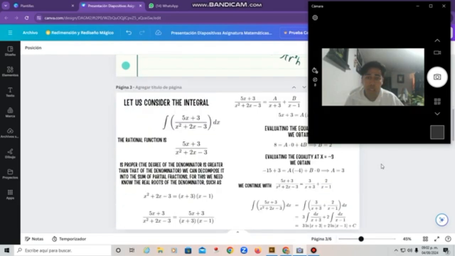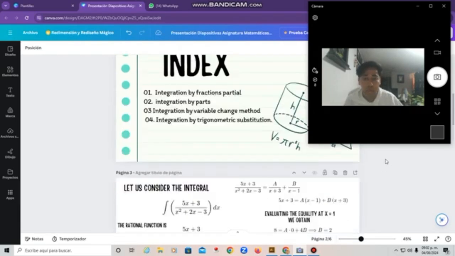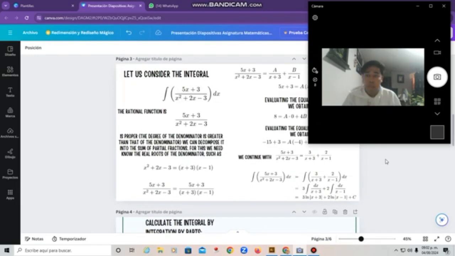Well, for the first, integration by partial fractions, let us consider this integral: the integral of (5x plus 3) divided by (x squared plus 2x minus 3) dx.